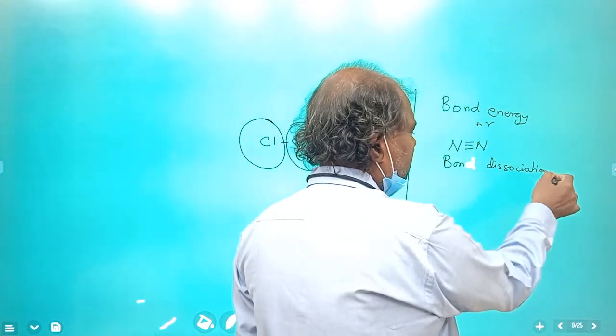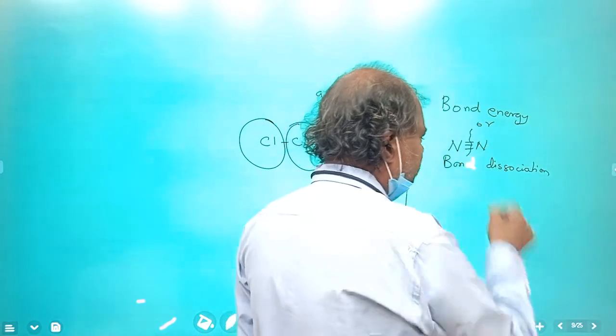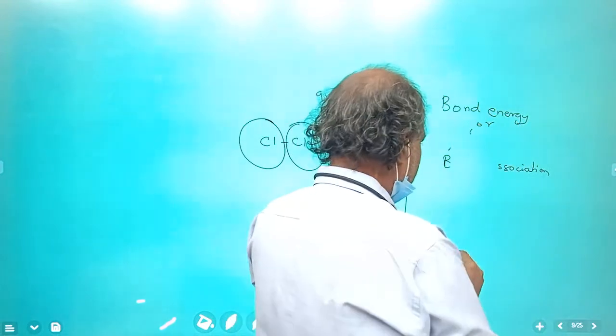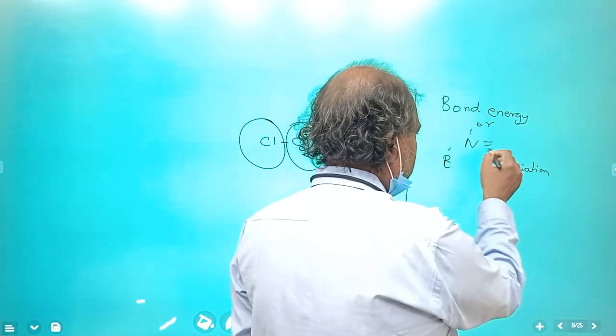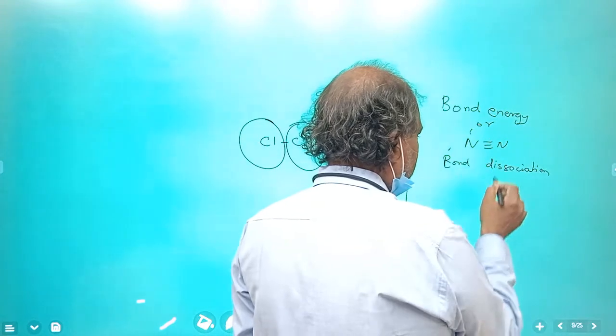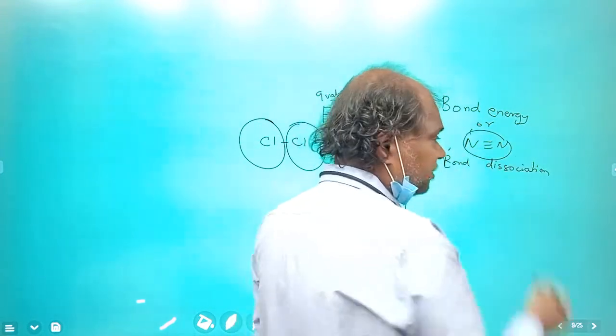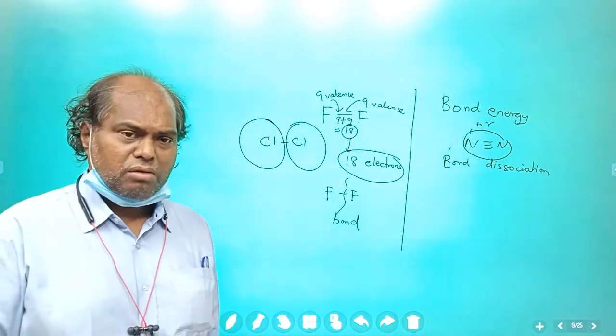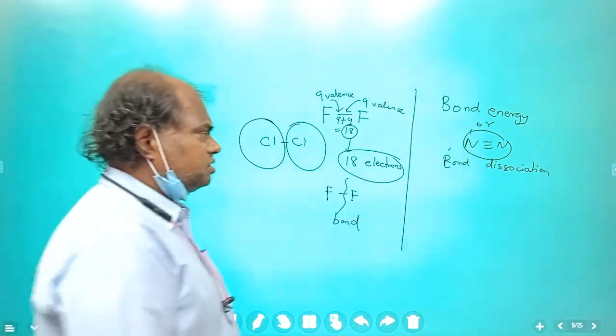Many names are there. Now it will require a lot of energy to break this bond, students. Why? Because it is a triple bond, and a triple bond is very strong. A lot of energy is required.